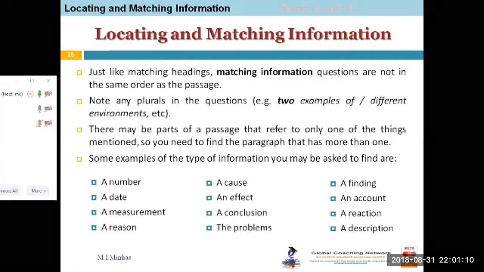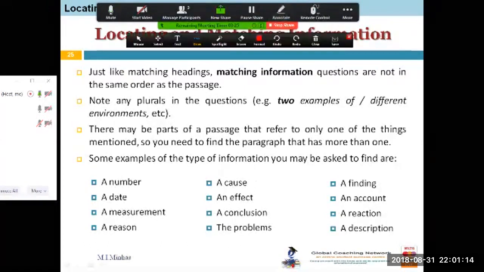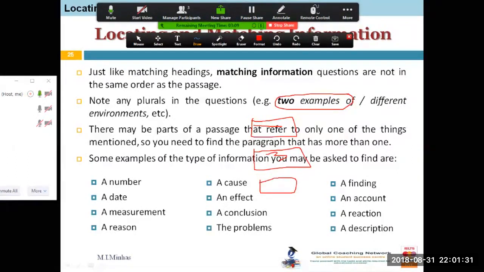So note any plurals in the question. What does it mean? It means if there are two examples mentioned in the question and there are several paragraphs, in one paragraph there is only one example, in another there are three examples, and in another there are two examples, you will select the paragraph which talks about two examples, right?